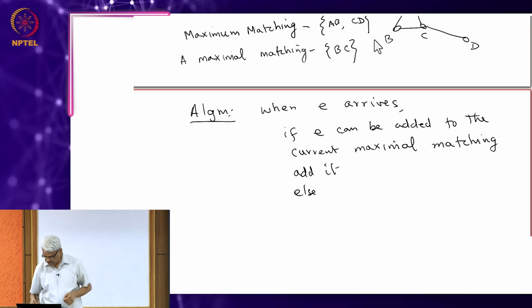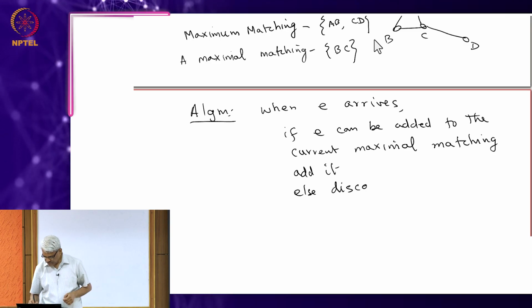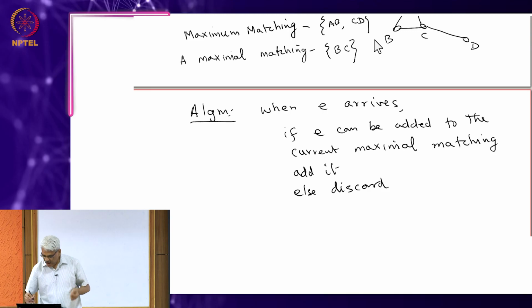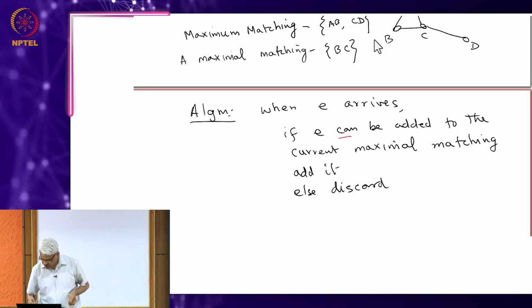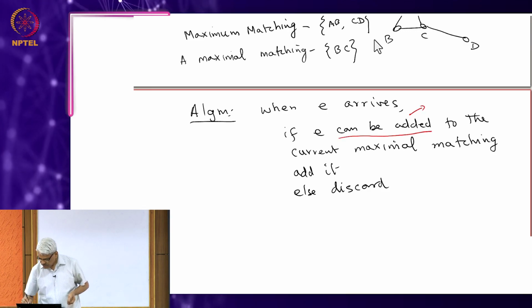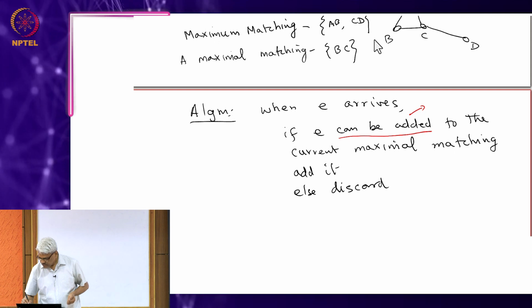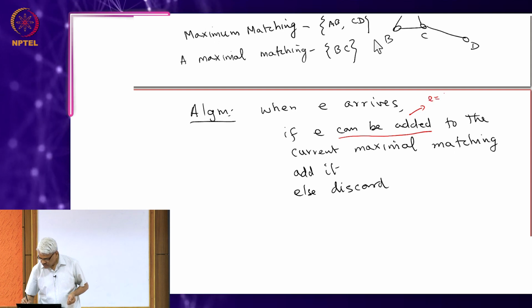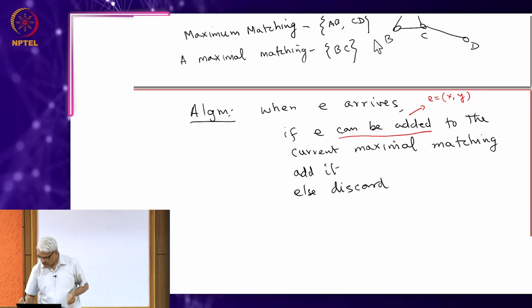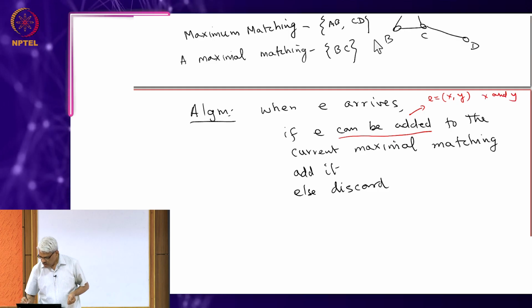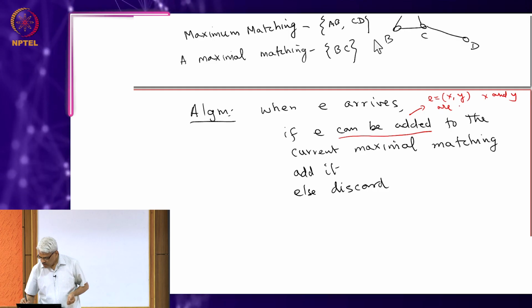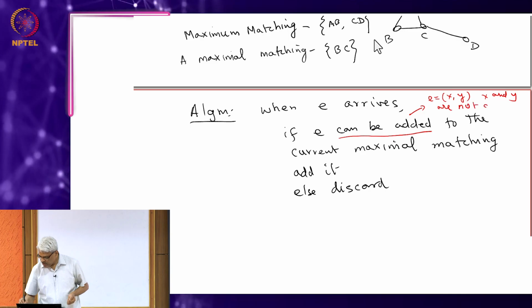Else discard it. Okay, E can be added. What does that mean? That X and Y are not an endpoint of my current matching.